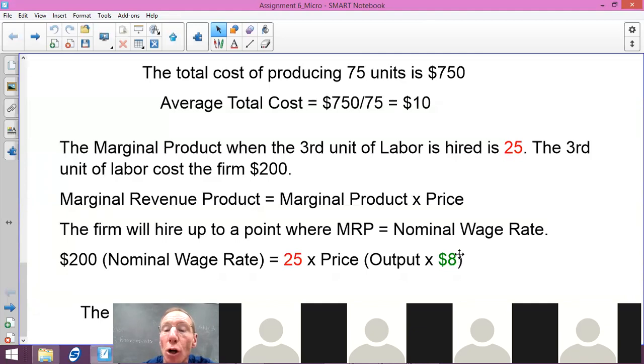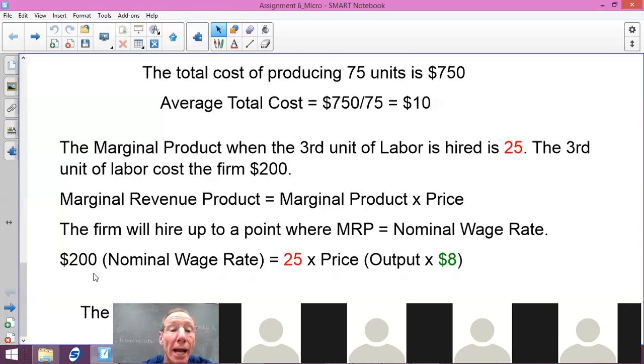Because if the price was lower than 8, if it was 7, then the marginal revenue here would be 100. I see, 7 times 75 would be what? 175.